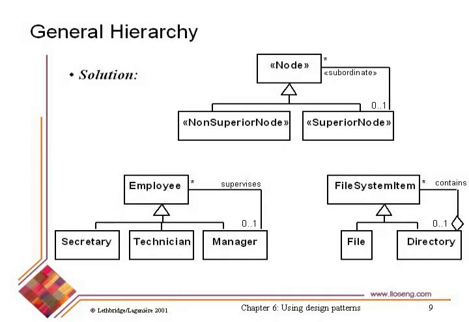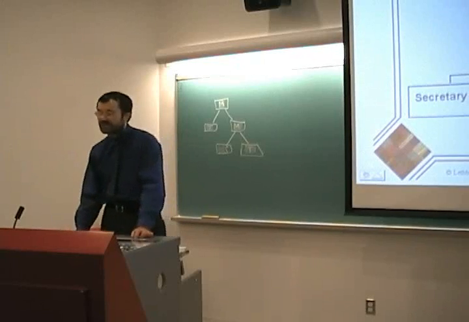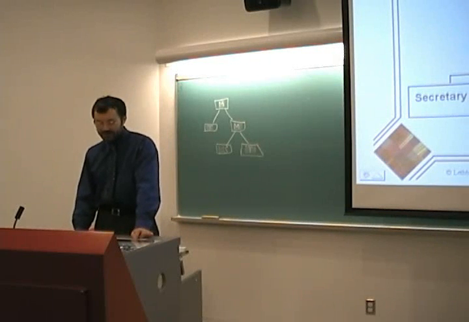That's perfectly possible. I'm also showing a diamond here indicating this is an aggregation. And so it's quite common for these hierarchies to be showing the aggregation relationships. So the file system items we can say are part of a directory. Okay, that's a legitimate aggregation.